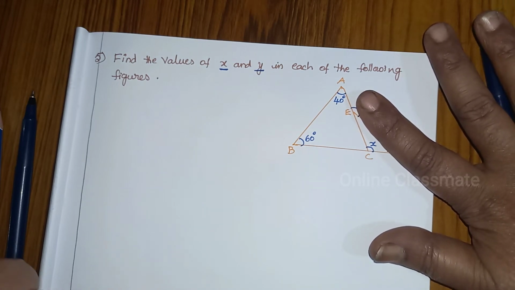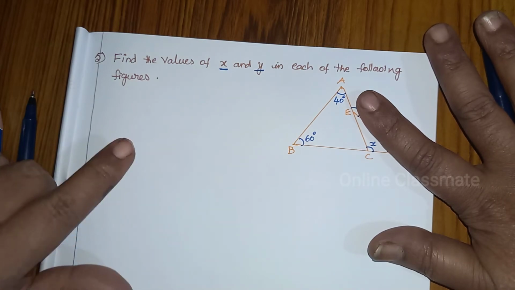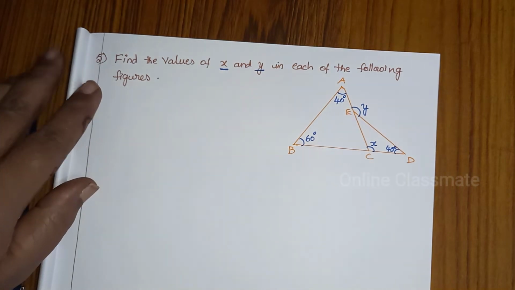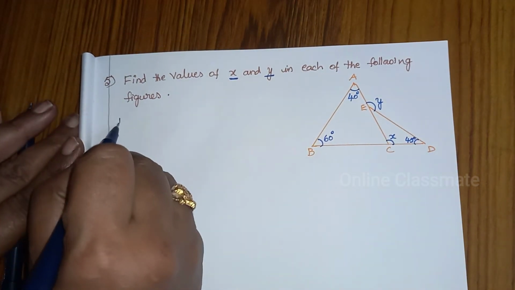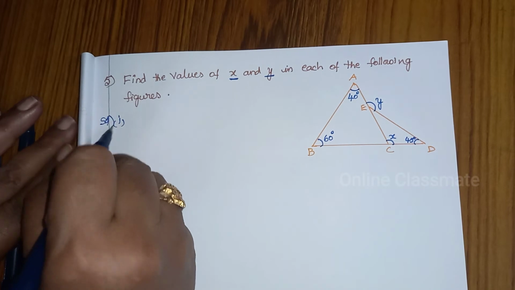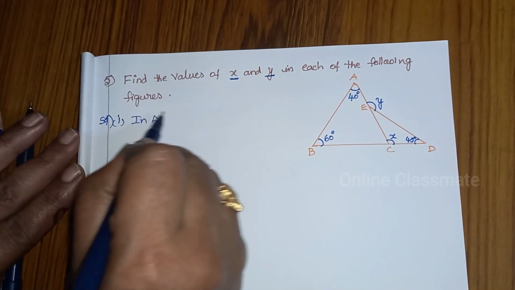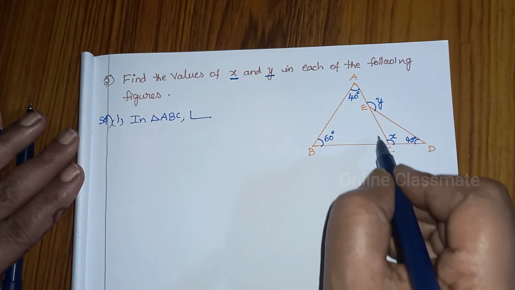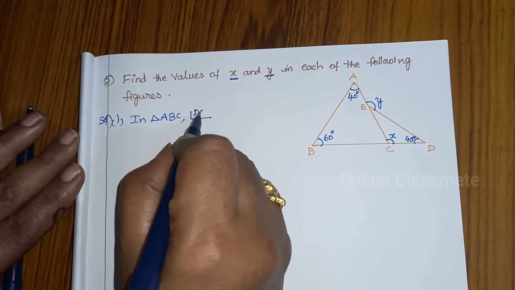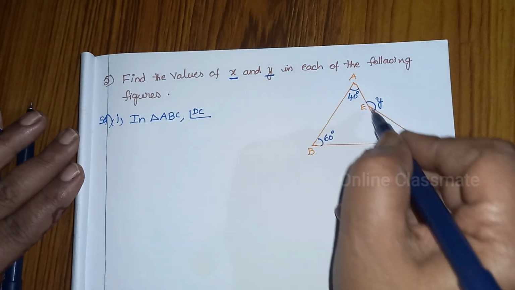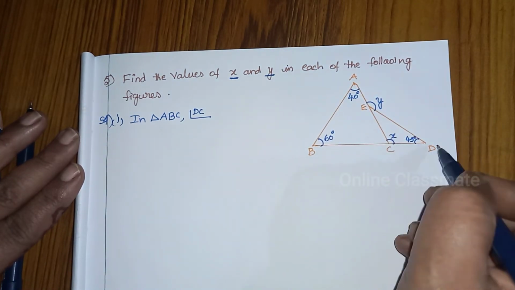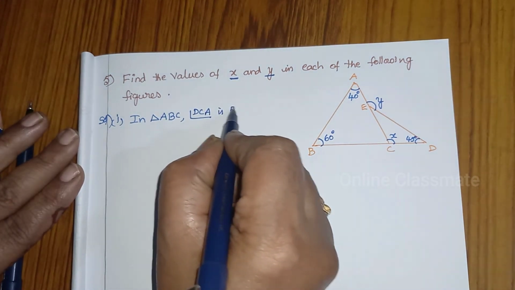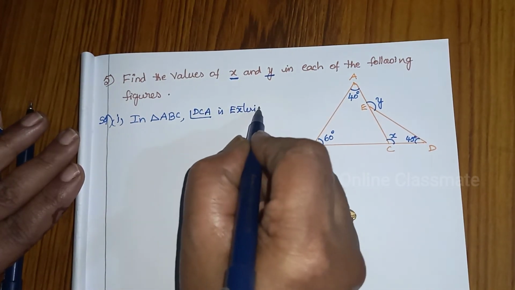What is exterior angle property? Exterior angle is equal to sum of opposite interior angles. That's why you can first find the x value. Solution, first one, in triangle ABC, what is the exterior angle? DCA is the exterior angle.